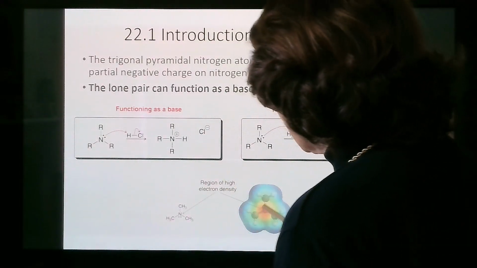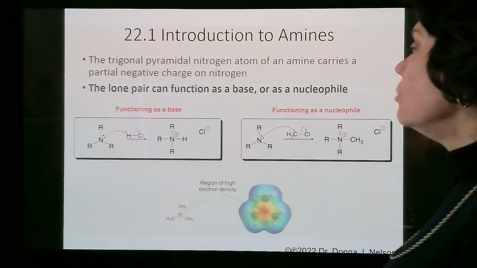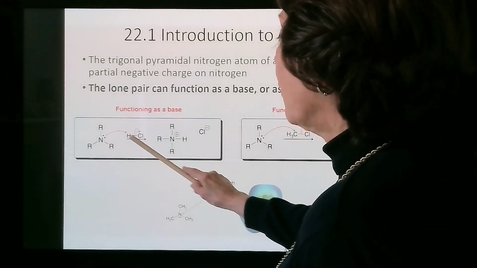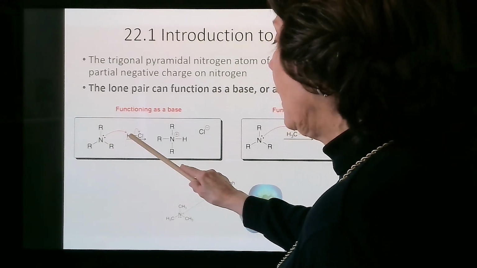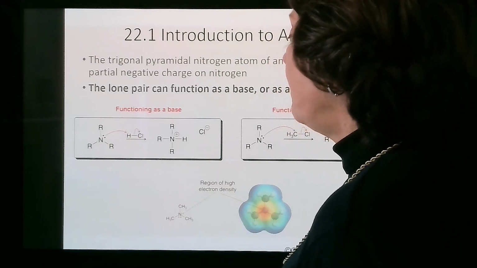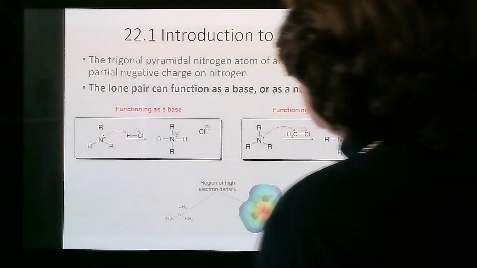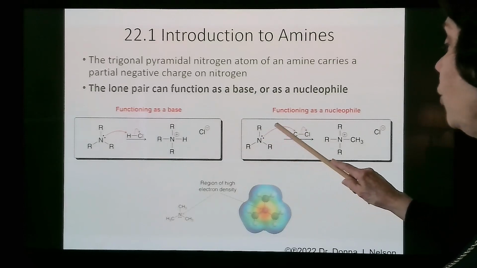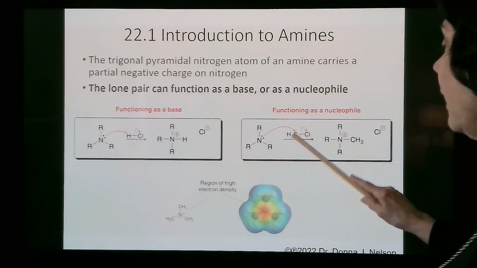So the lone pair on nitrogen is going to be freely available for reactions. The nitrogen can pick up a proton and function as a base by doing an attack on the proton, giving you a protonated amine. Nitrogen can also function as a nucleophile by doing an attack at carbon.